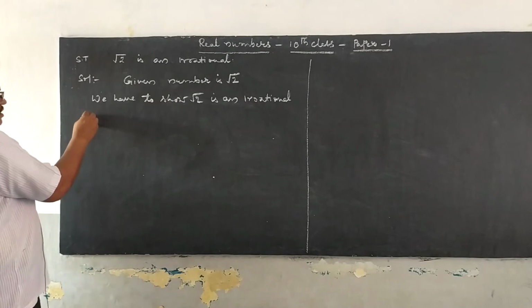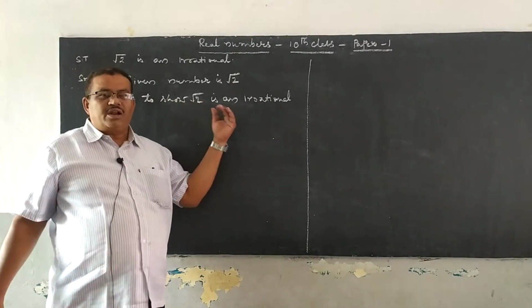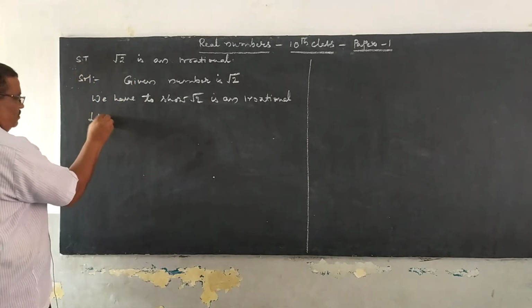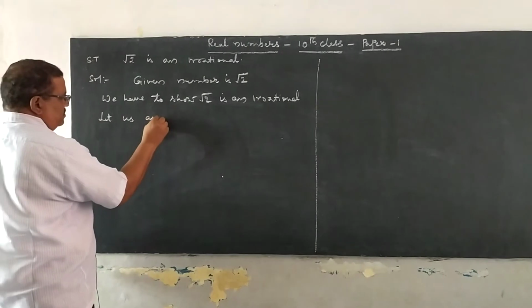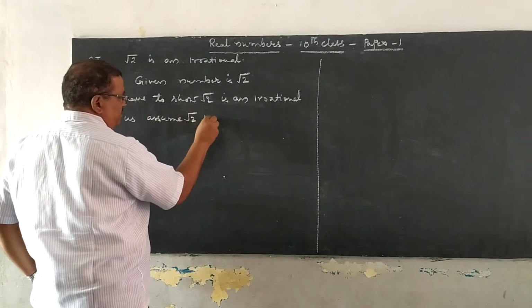For that, we have to do this problem by the contradiction method. That is why let us assume root 2 is rational.